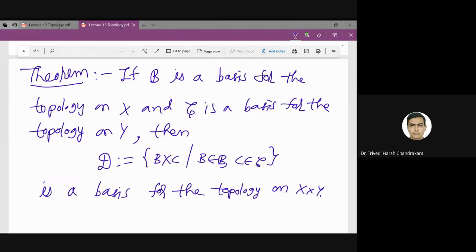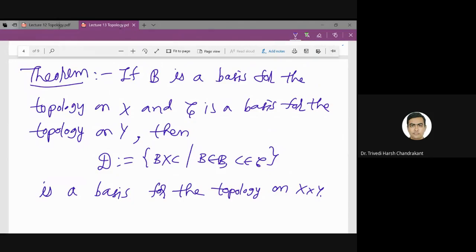I am just asking that this is a basis. That's it. I'm not saying this basis is a basis for the product topology. If I say that, then I have to prove that. So I think the question is clear now.